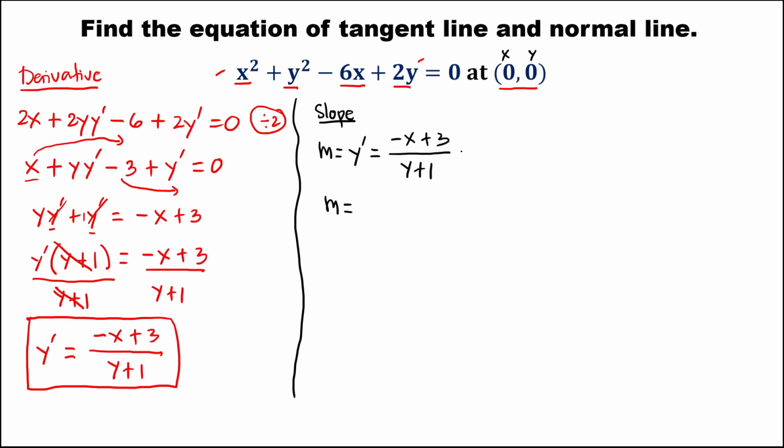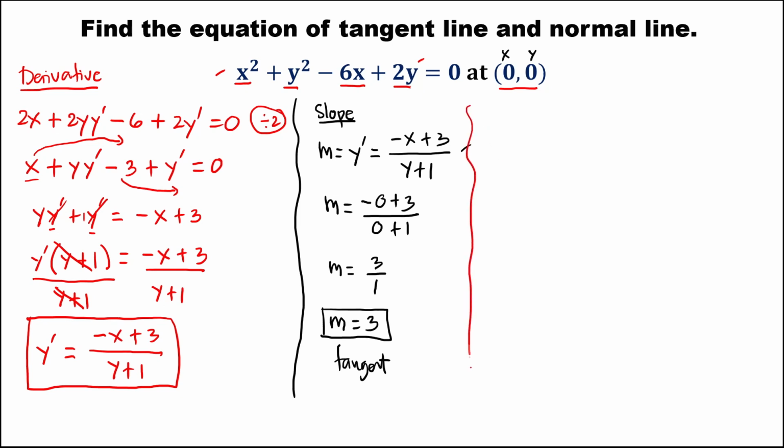So substitute the values into this equation: negative 0 plus 3 over 0 plus 1, so the slope is equal to 3 over 1. Therefore, the slope is positive 3, and this is the slope of the tangent line.